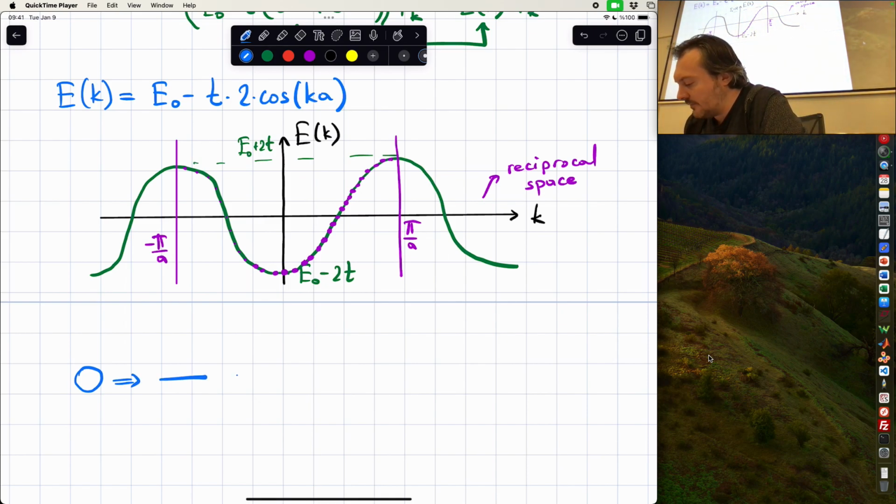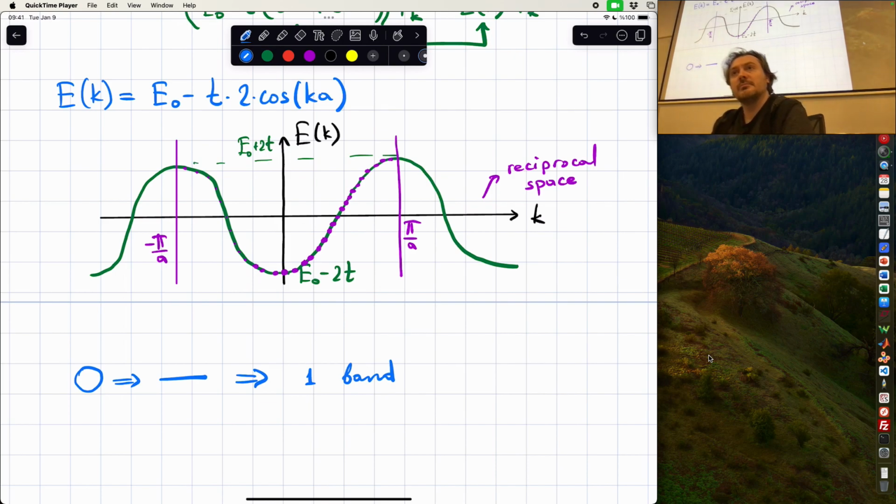And when you have an infinite number of them, that creates one band. One band, and we see that band. So as you might guess, if you have two atoms each contributing one orbital, then you are going to get two bands. We are going to see that in a moment.